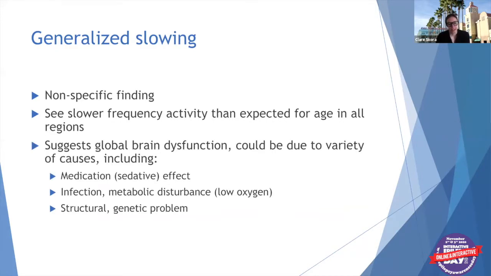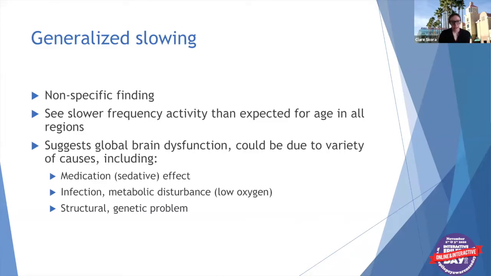And this is suggestive of a global brain dysfunction or problem, but it doesn't specify the cause and it also doesn't specify the reversibility. So a common cause, for example, in children who are in an ICU on many medications is the medication effect itself is causing slowing of the brain waves. And that doesn't necessarily mean there's an irreversible problem, it's just an effect of the medication.